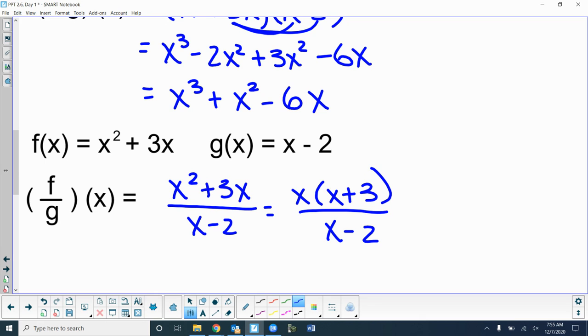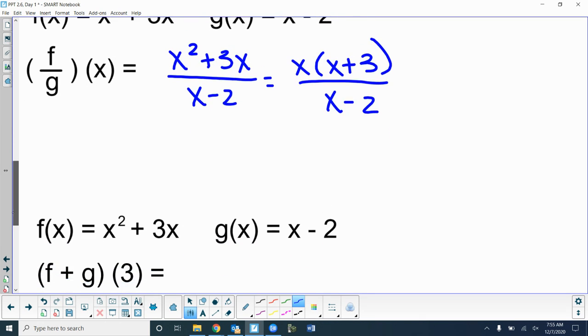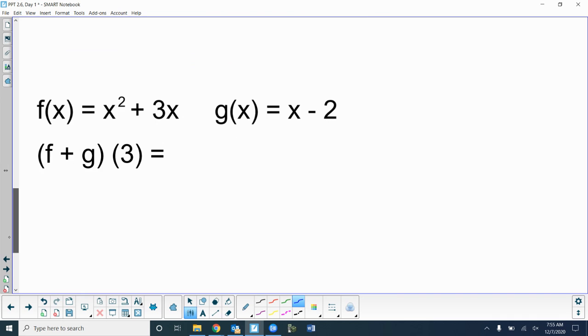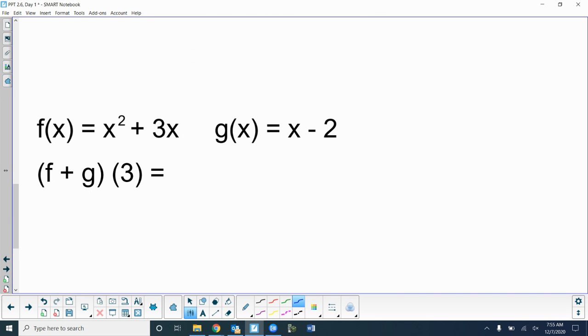Now they're going to throw some numbers in there. Okay? Like that. Okay? So basically what it means is this f of 3 plus g of 3. You're just substituting 3 here.